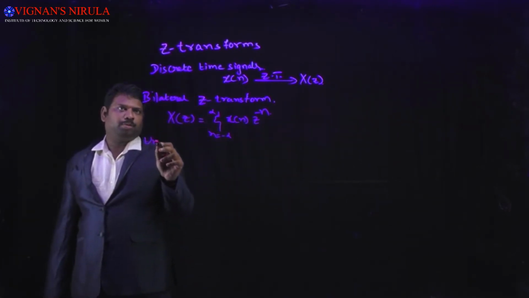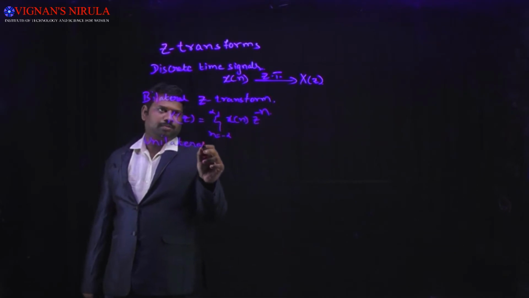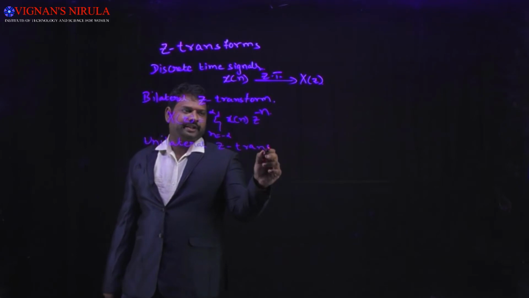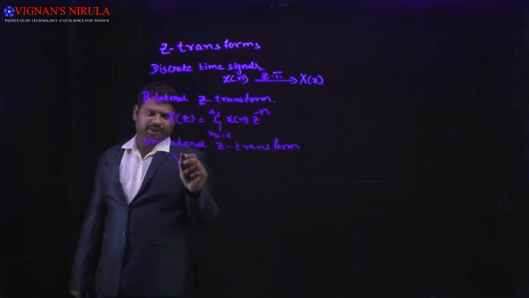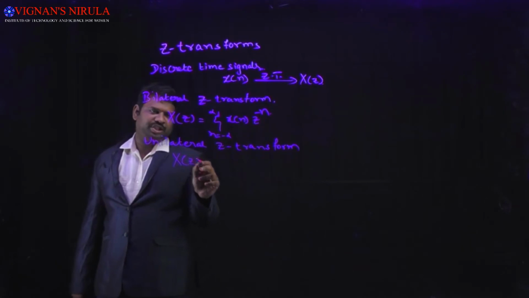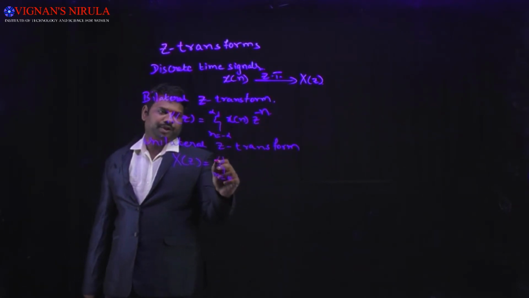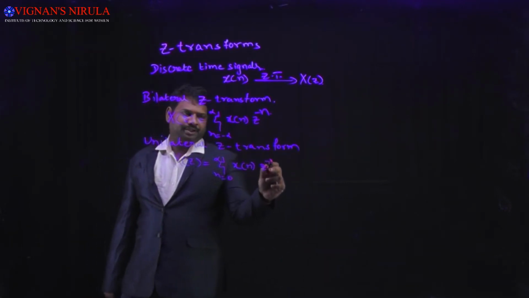Whereas another form of the Z transform is the unilateral Z transform. For the unilateral Z transform, the summation will be taken from 0 to infinity, so it is defined as x of z is equal to summation n varies from 0 to infinity x of n z power minus n.